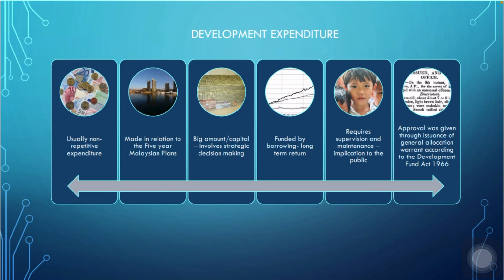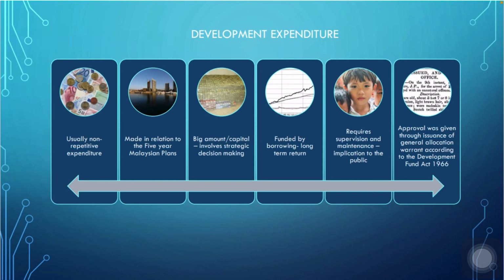So basically projection untuk development ni dalam masa 5 tahun. After 5 tahun ada yang baru. And then dia involving a strategic decision making. For example, macam mana kerajaan Malaysia nak melaburkan duit tu dalam sesuatu investment, foreign investment. So basically yang ni boleh refer kepada MITI, MATRADE, so on and so forth.